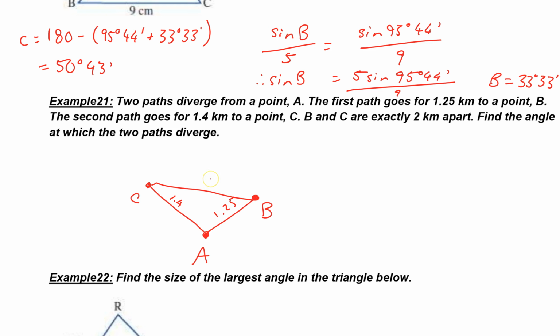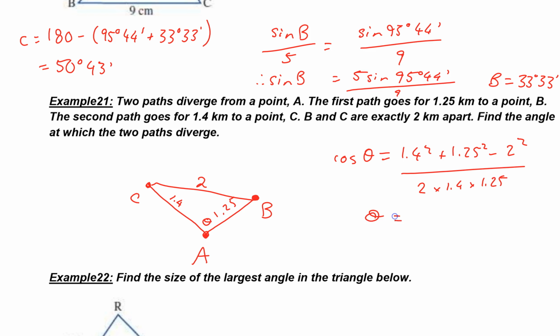And this distance is 2. The angle at which the two paths diverge, this angle here, I'm going to label as theta. It helps with my working. Now, I know that cos of theta is equal to 1.4 squared plus 1.25 squared minus 2 squared, all over 2 by 1.4 by 1.25.